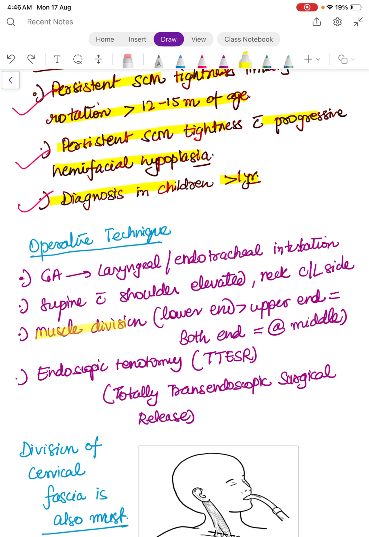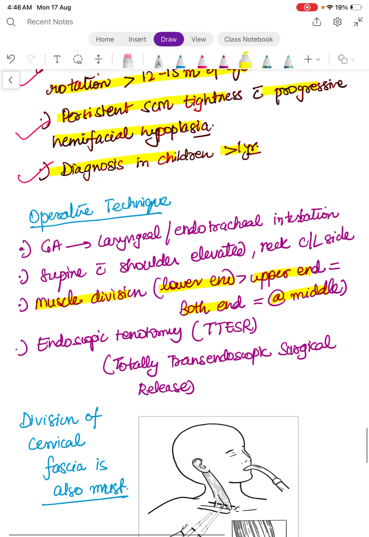The better evidence is for division at the lower end, both the sternal and the clavicular heads. There are equivalent papers which say that the upper end, both ends, or even the middle can be done, but the good results are with the lower end.